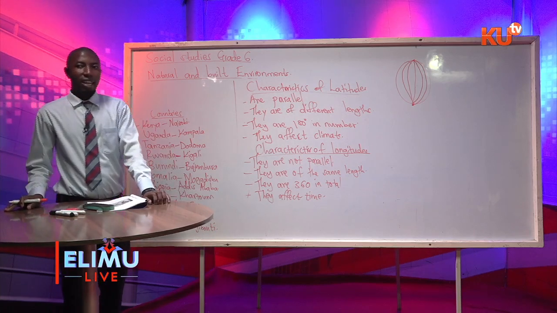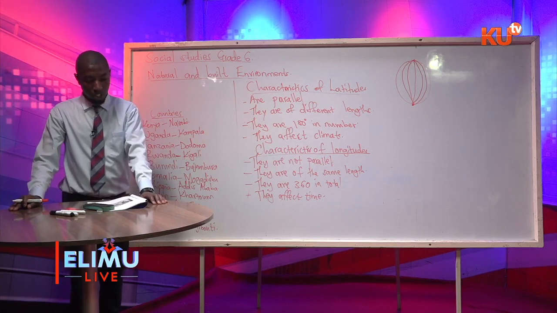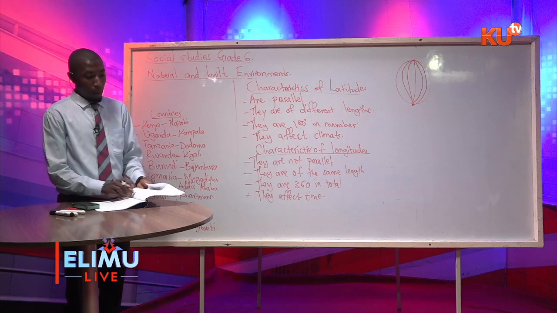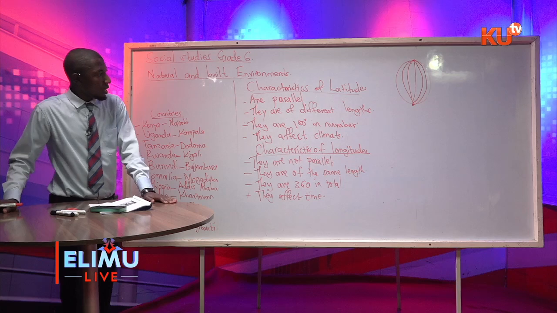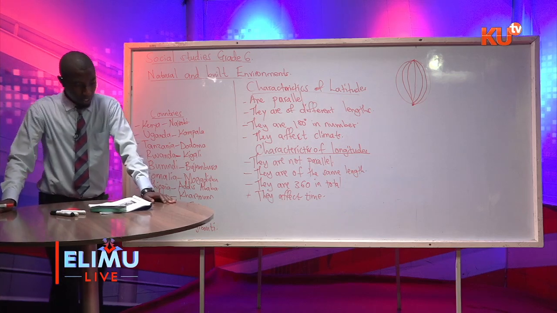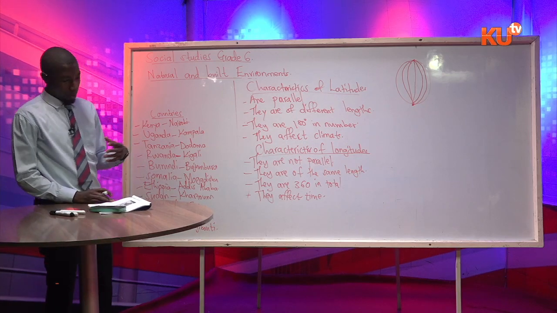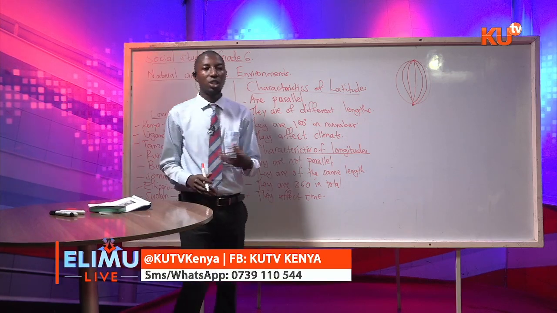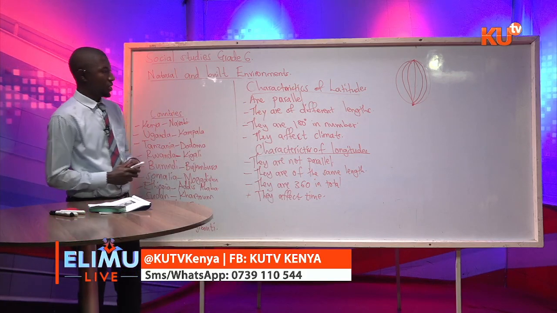We have gone ahead and talked about the latitudes and longitudes of Eastern Africa. Now, for my last substrand this afternoon, I am going to take you through the ways in which we can promote unity of the Eastern Africa countries.